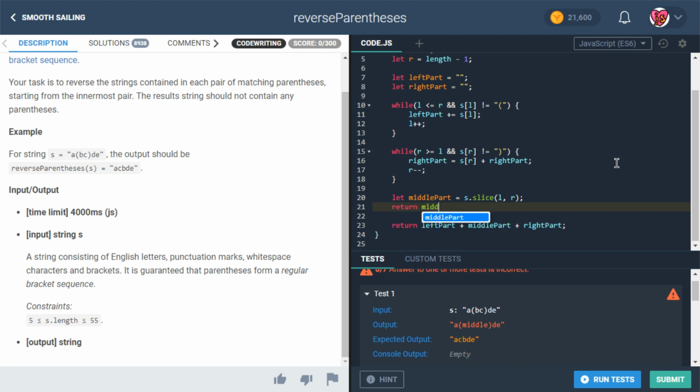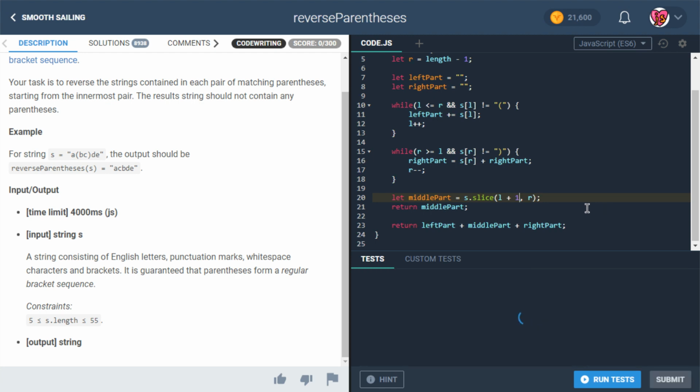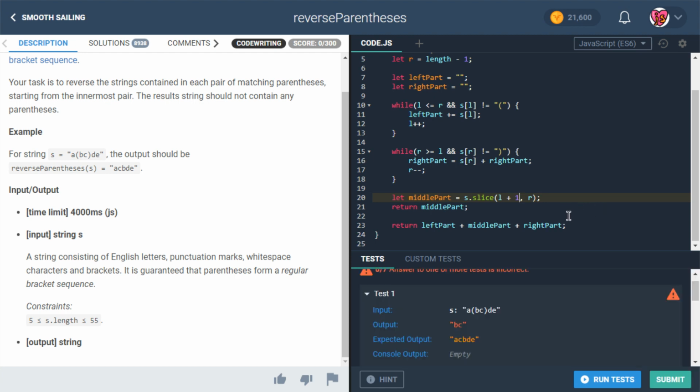I don't want to go any further until we've actually got this worked out. So middle part, it's including this one, because remember, slice includes the beginning index. It does not include the end index. So that's kind of important, and it means since we don't want the parenthesis in there, we're going to have to put a +1 on our slice here.